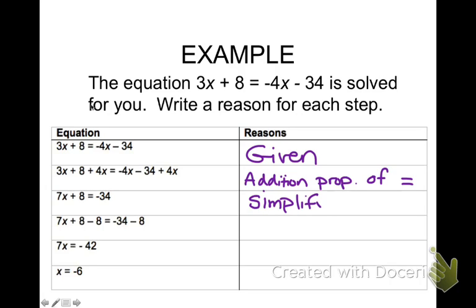As we get good with this, we'll just skip the simplify parts. Then they did what, Michaela? Now they subtracted 8 from both sides, right? So that would be your subtraction property of equality. So subtraction prop of equality.